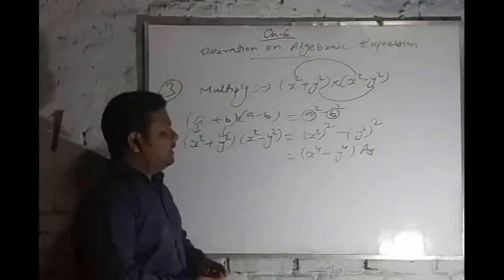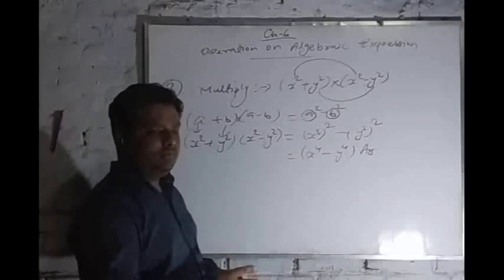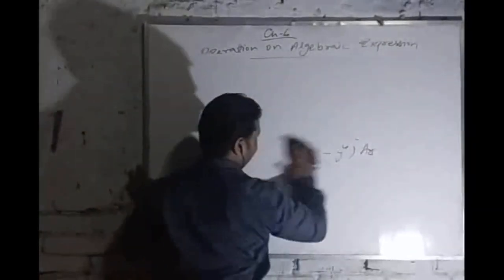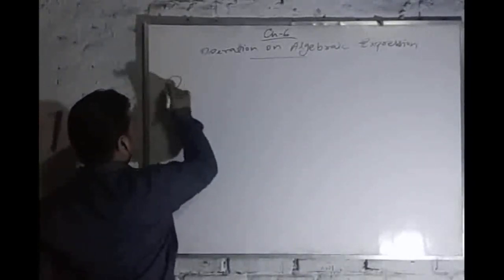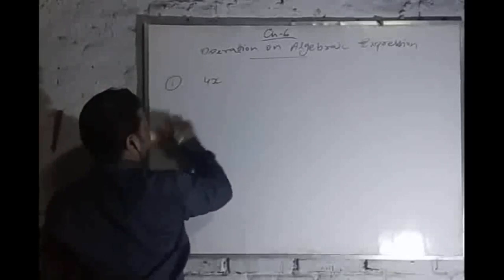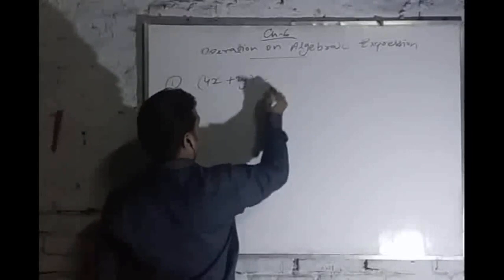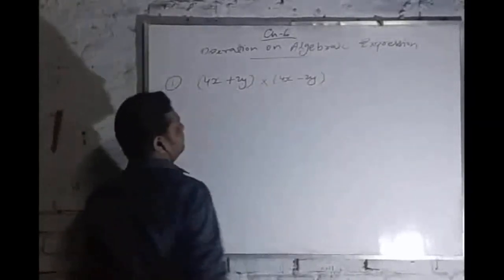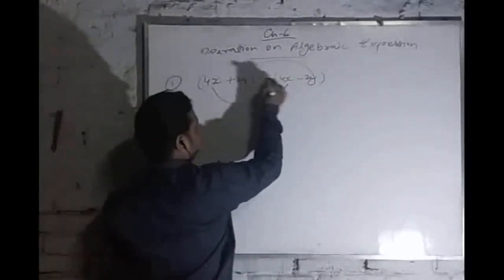Now students, let's see one more example on each identity so that all your doubts will be cleared. If the question is (4x plus 2y) into (4x minus 2y), here you can see the first term is matching, the second term is matching, but the sign is not matching.